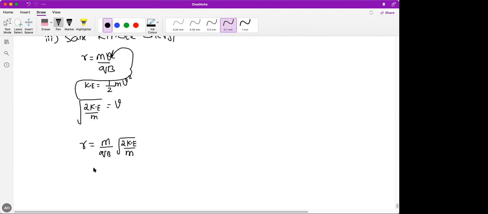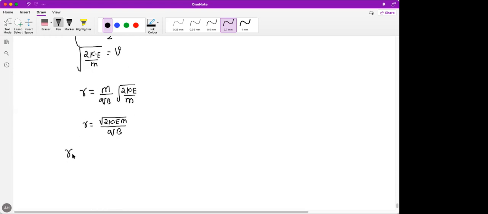So this m and root m get cancelled out and you will be left with root over twice of kinetic energy into mass of particle. This is the expression of radius. It's root over twice of kinetic energy into m by q.